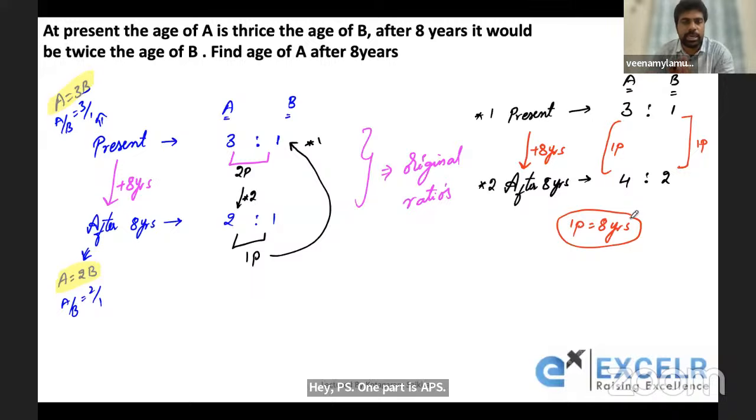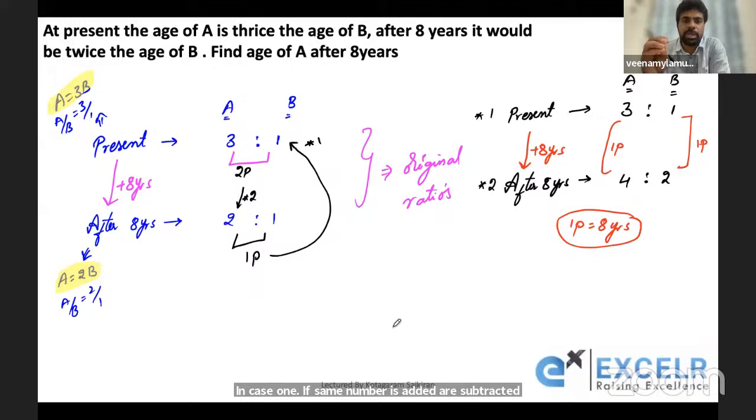Did you understand how to see whether the question comes under case 1 or case 2? Confirm me once. In case 1, if the same number is added or subtracted, the change will be the same.